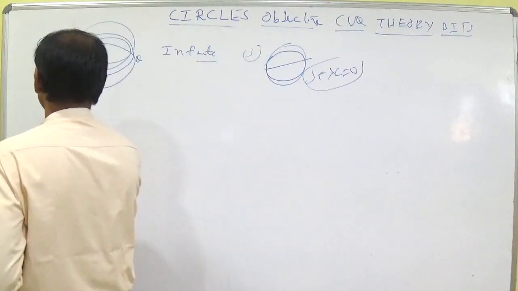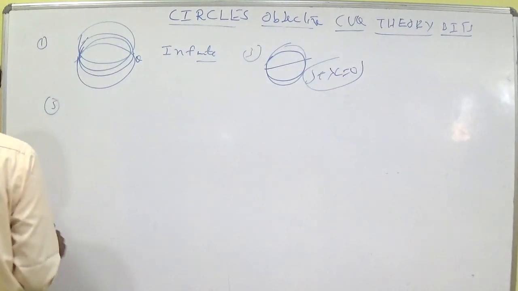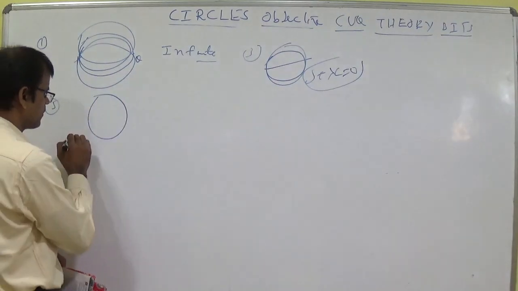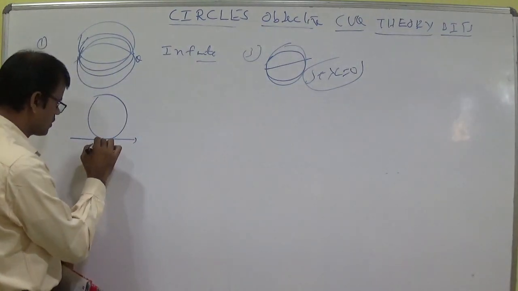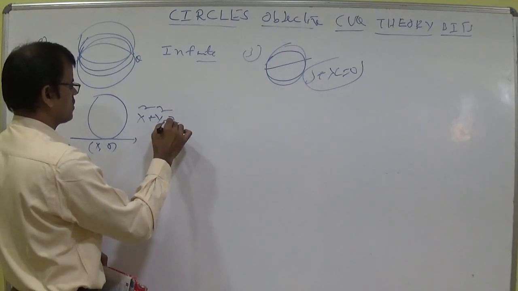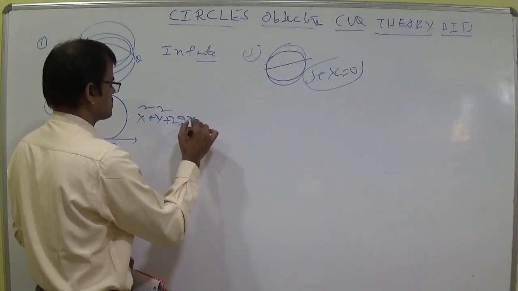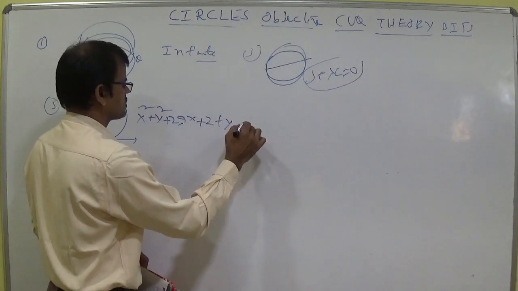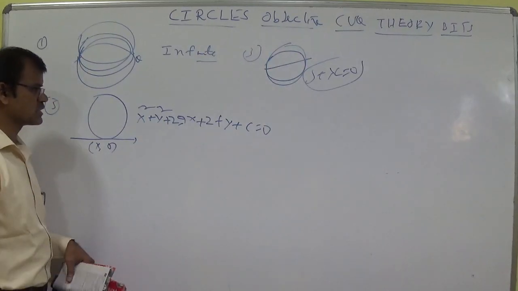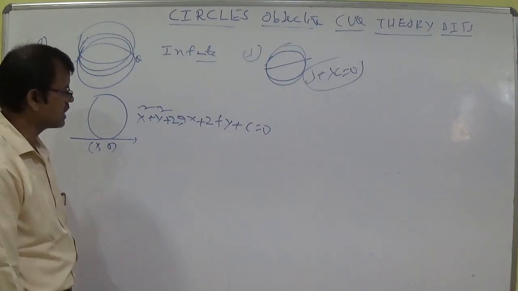Now let us discuss the fifth question. If the circle x square plus y square plus 2gx plus 2fy plus c equal to 0 touches the x-axis, you can say g square is equal to c is the condition.